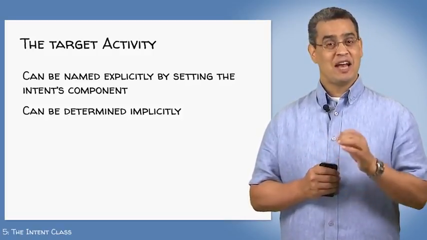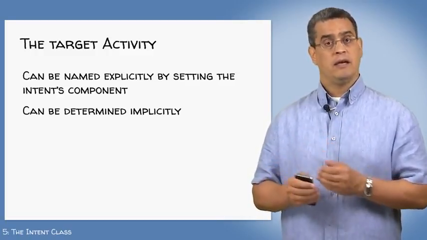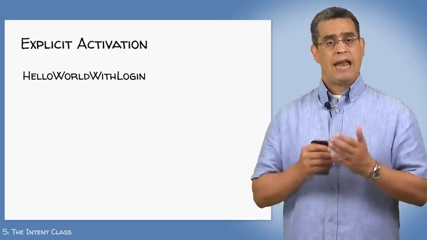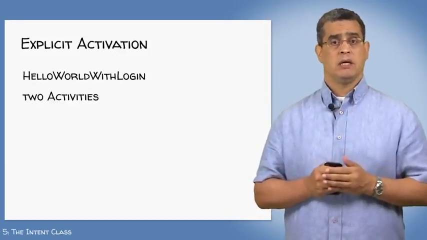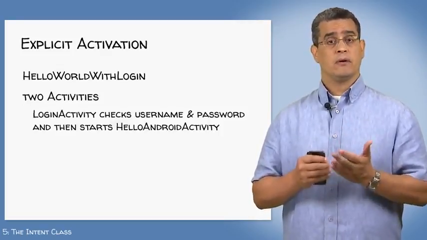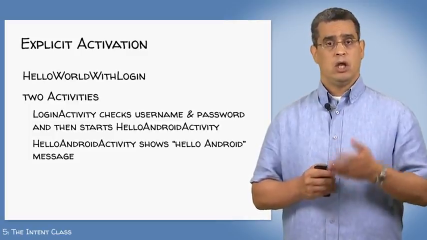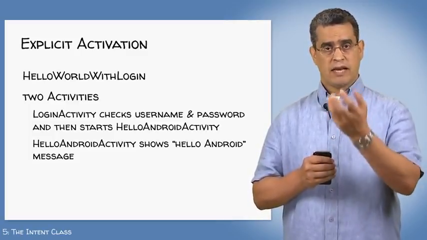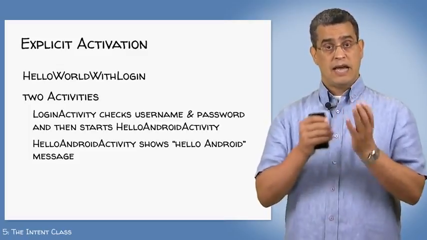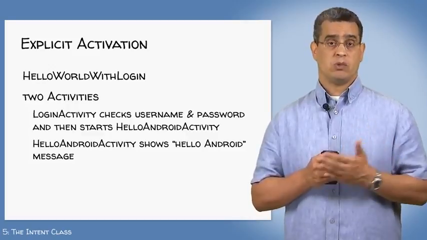So let's take a look at an application that explicitly starts another activity. This application is called Hello World with Login, and it's comprised of two activities. There's one activity called LoginActivity and another called HelloAndroid. When this application launches, LoginActivity is the first activity that's started. LoginActivity provides a text box for typing in a username and another one for entering a password.